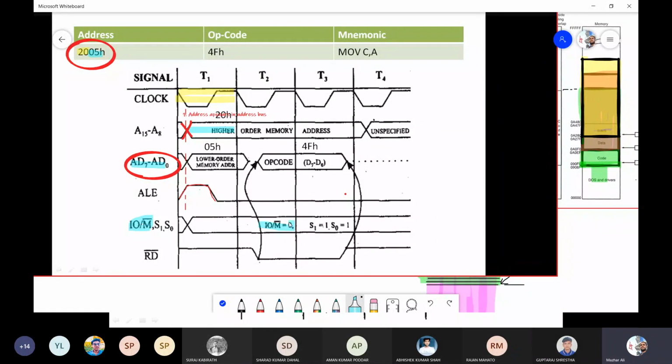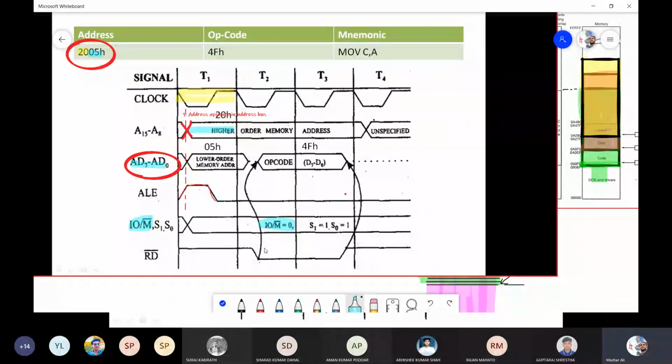Why? Because if this had been 1, it would be fetching data from an IO device. Because the instructions, or the opcode, are in the memory, opcode fetch is a memory access. Hence IO/M should be equal to 0.